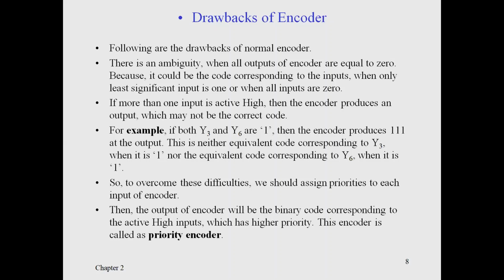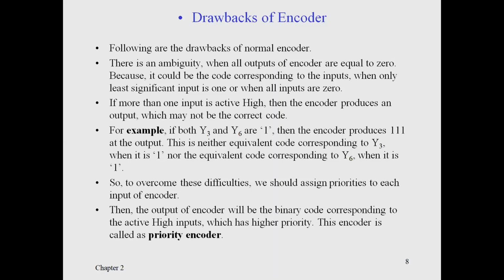For example, if both Y3 and Y6 are 1, then the encoder produces 1, 1, 1 at the output. This is neither the equivalent code corresponding to Y3 when it is 1, nor the equivalent code corresponding to Y6 when it is 1. So to overcome these difficulties, we should assign priorities to each input of the encoder.